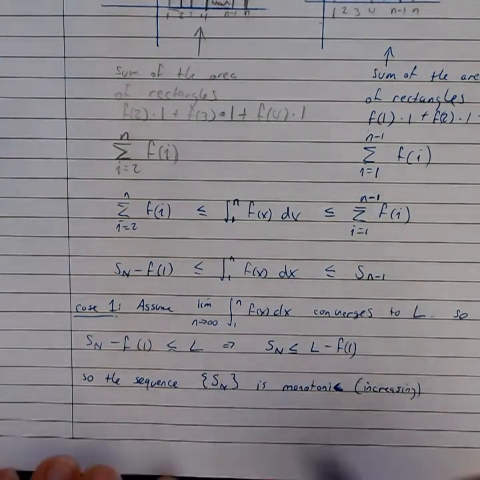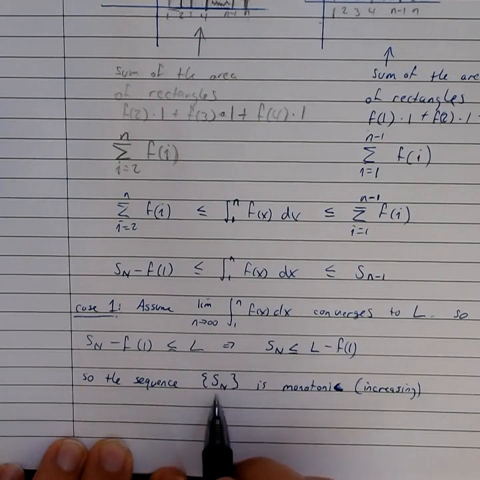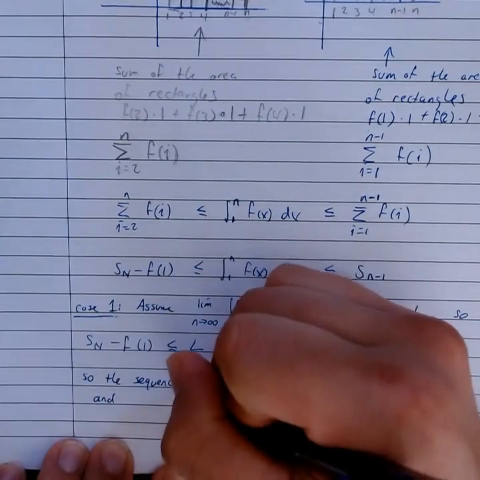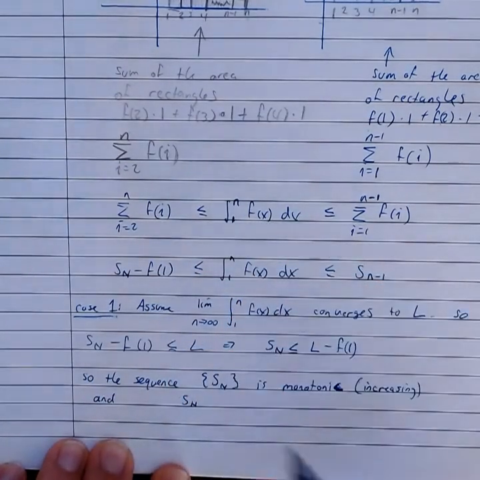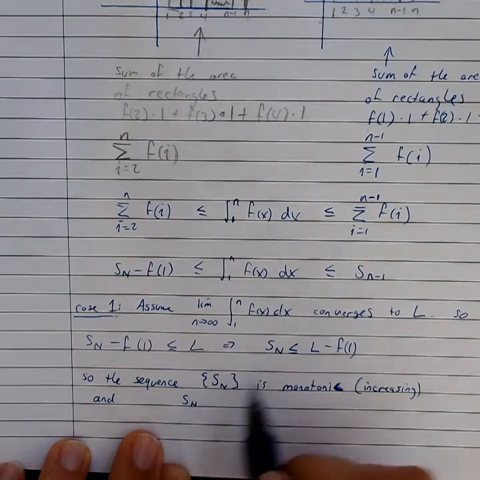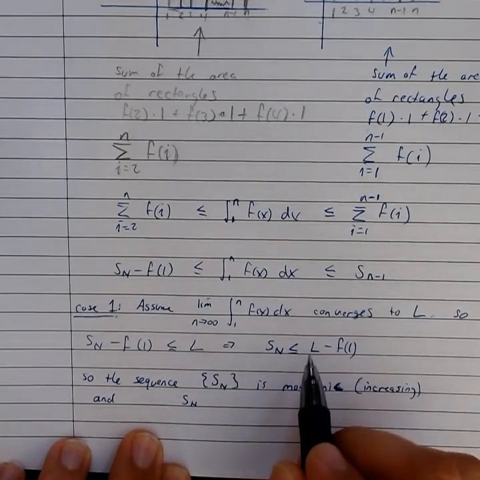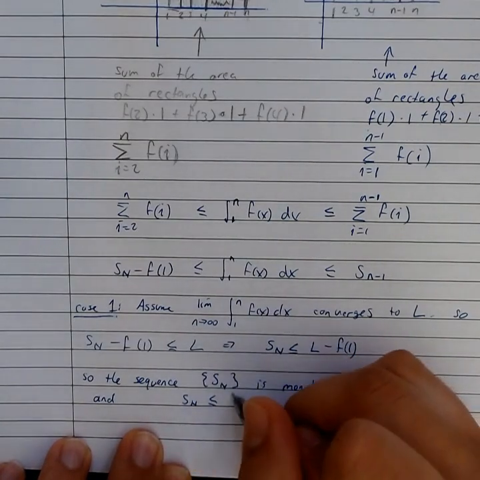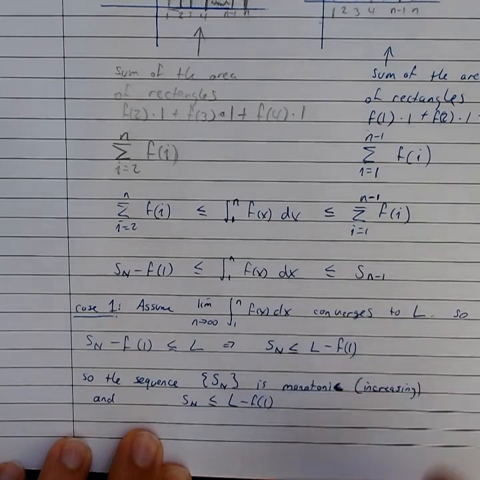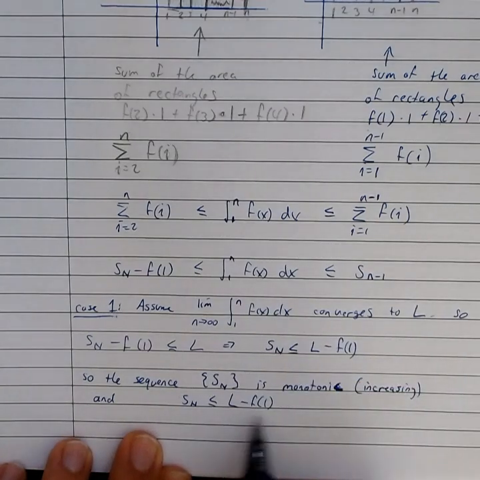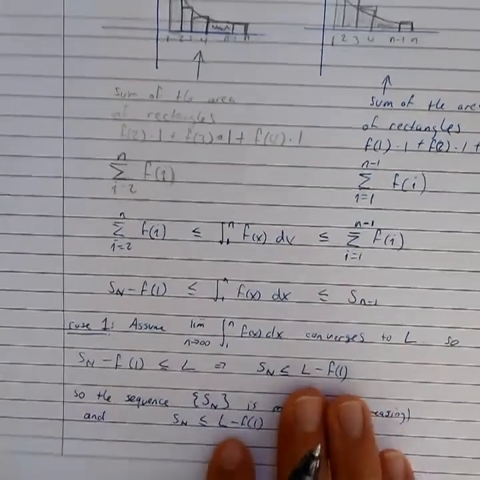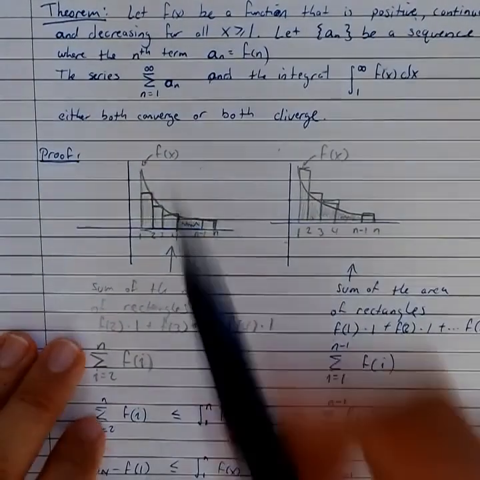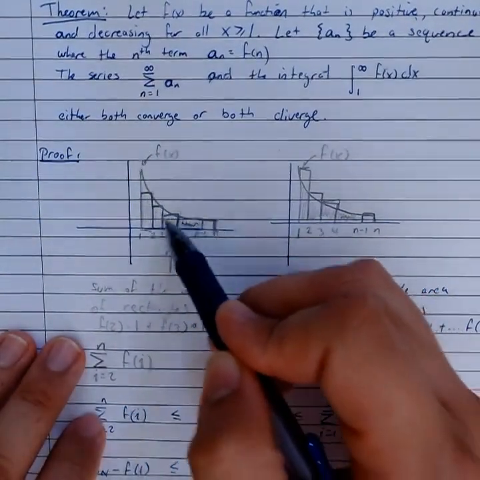Now notice that this set of terms s sub n is also bounded. After all, s sub n, the nth partial sum, we know has to be less than this. Well, that's a number and that's a number, so it must be bounded by a particular number. We don't know what L and f of 1 are, but we know they're numbers. And since this function is strictly positive, all of these are positive heights.